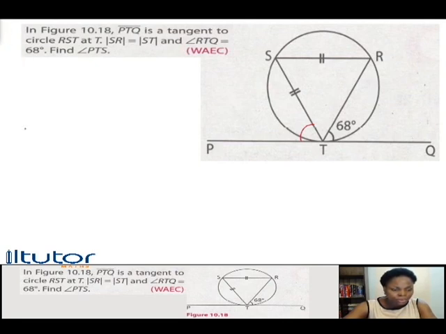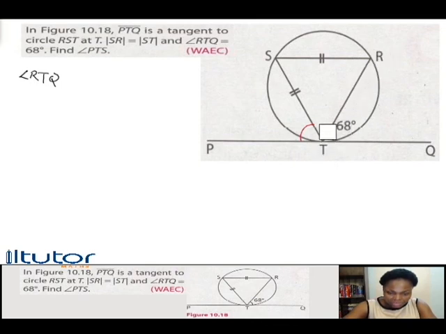So the theorem says that this angle here between this tangent, that is angle RTQ, is equal to the angle in the alternate segment. Now just look at this circle, and just look at this chord TR.